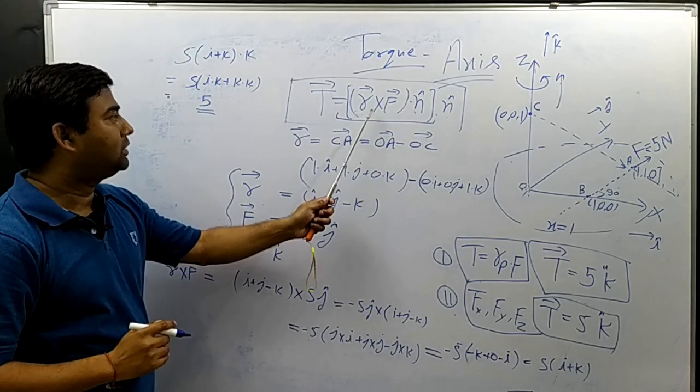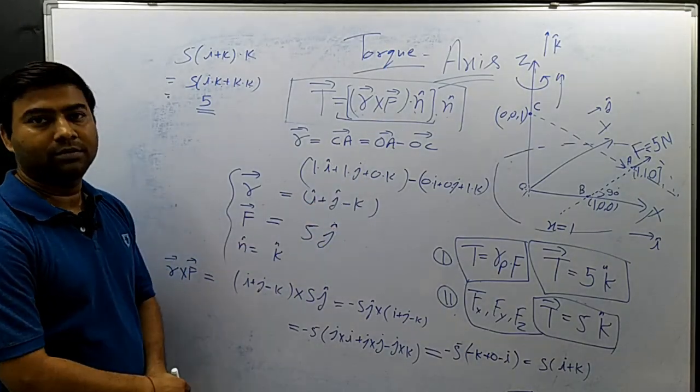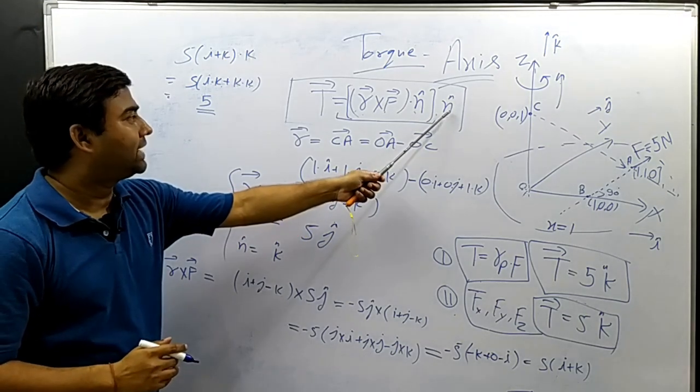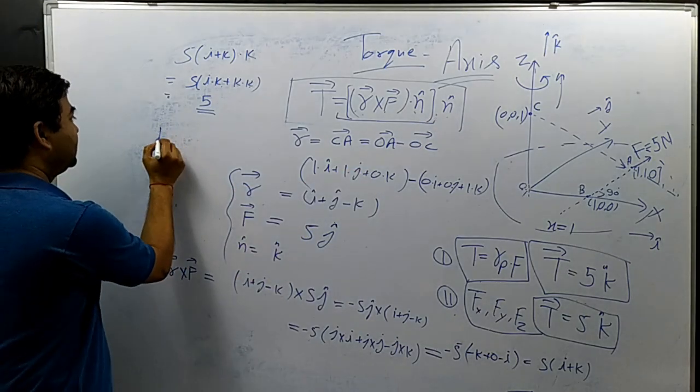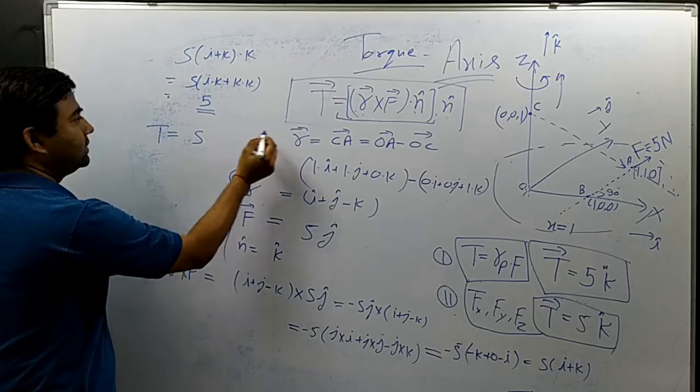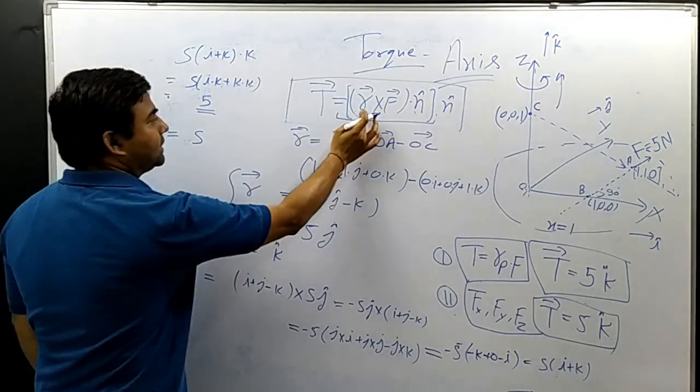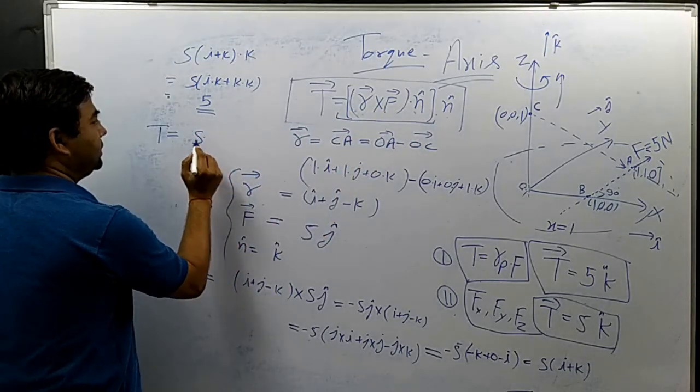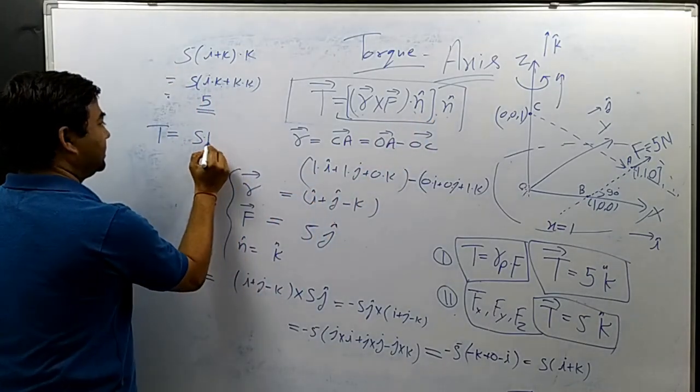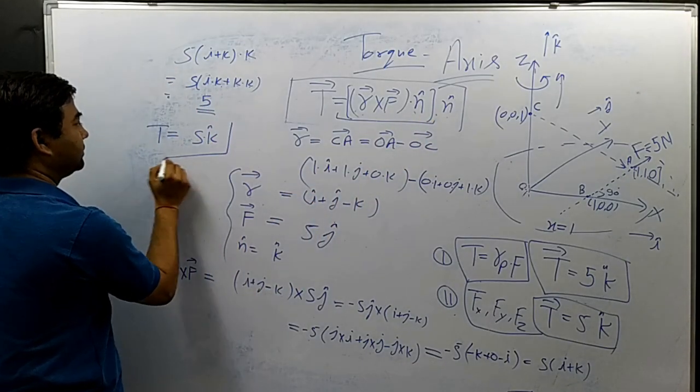So we have found r cross F dot n. Now the torque vector is (r cross F dot n) into vector n, which is k, so 5k.